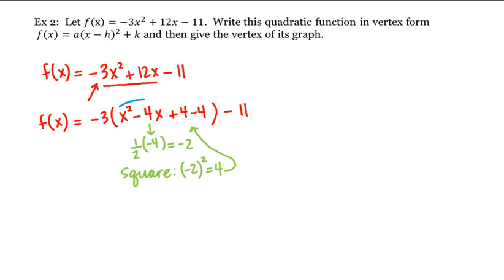Again, these first three terms here will form a perfect square. However, we need to get this negative 4 out of the parentheses here. But in order to do that, we need to multiply it by this negative 3.